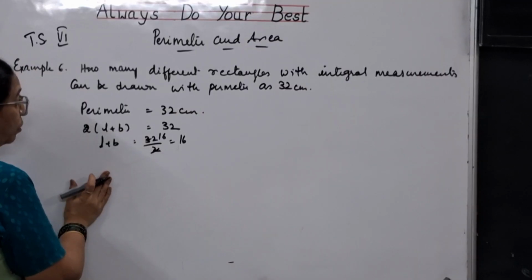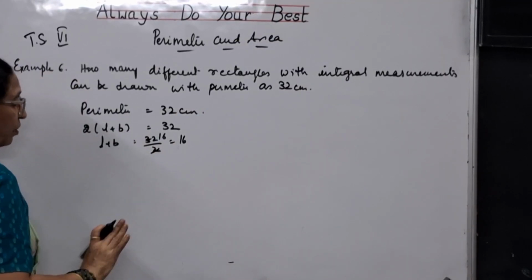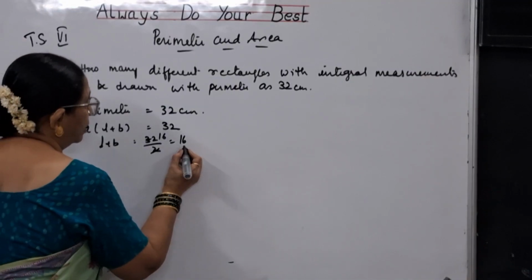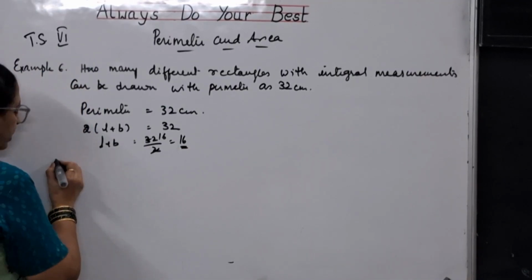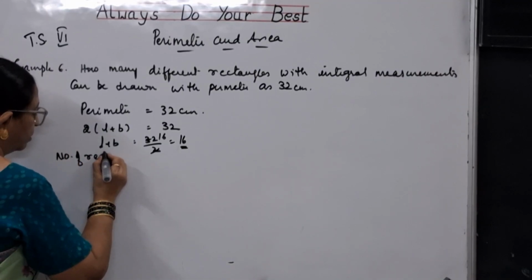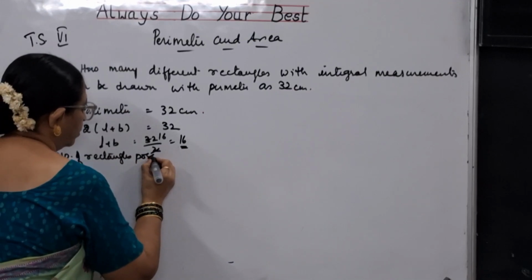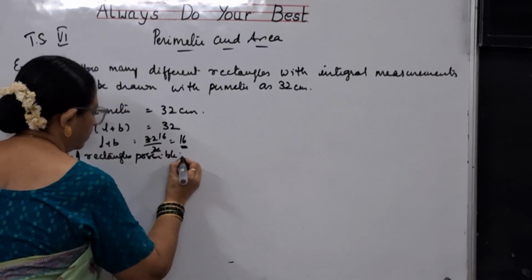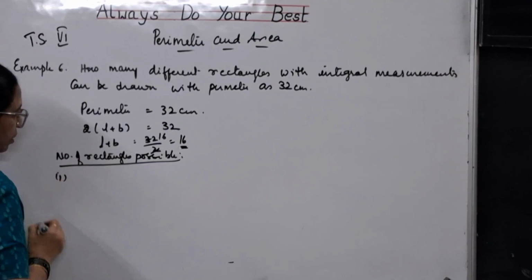You can find out the number of rectangles in such a way that the total measure of length and breadth is 16. So how many rectangles are possible? Let us see.